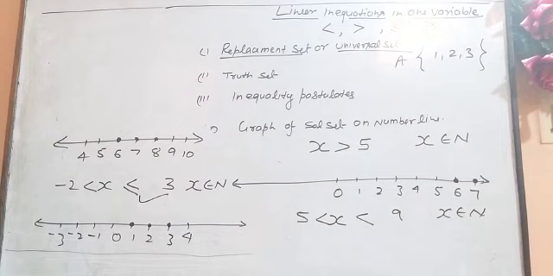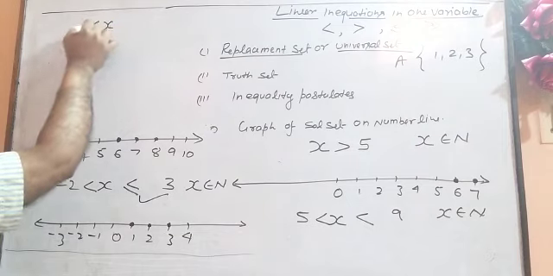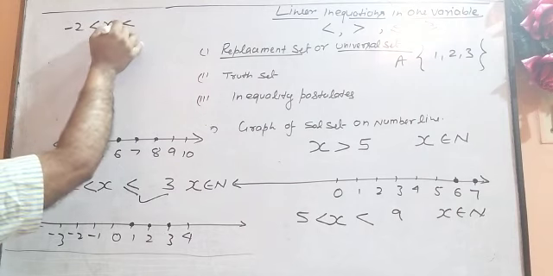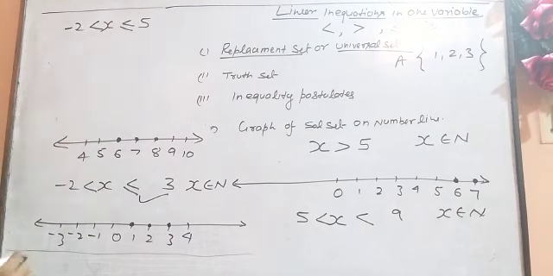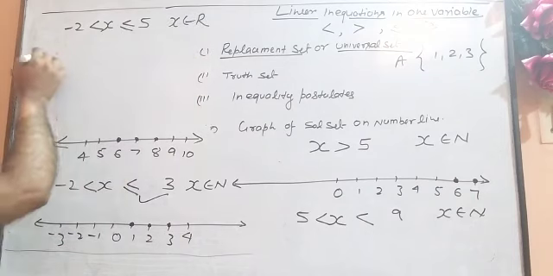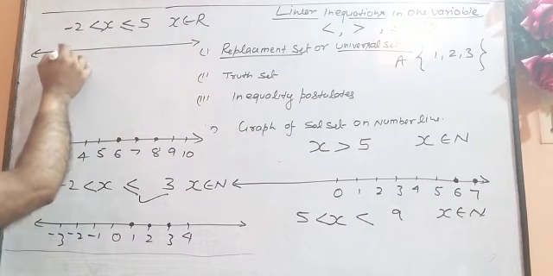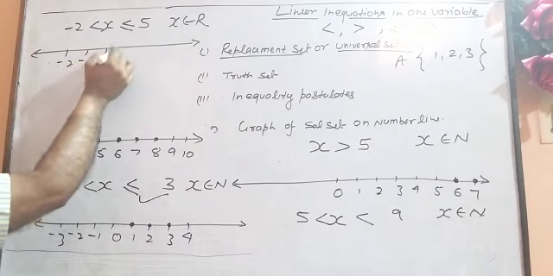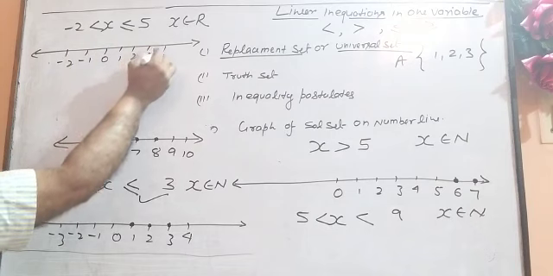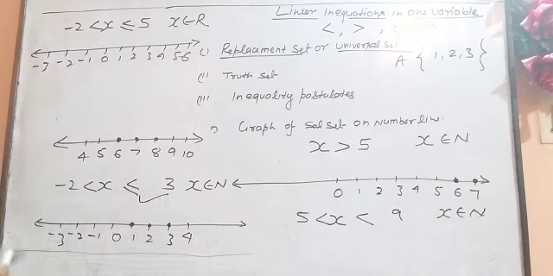Now consider the real numbers. Another example. x is greater than -2 but less than or equal to 5, x belongs to R, the real numbers. In that case, draw the number line, mark these integers, -2, -1, 0, 1, 2, 3, 4, 5, 6 and -3.